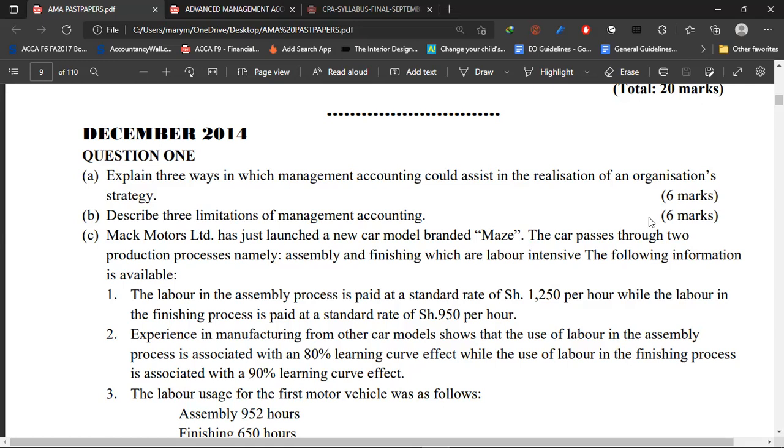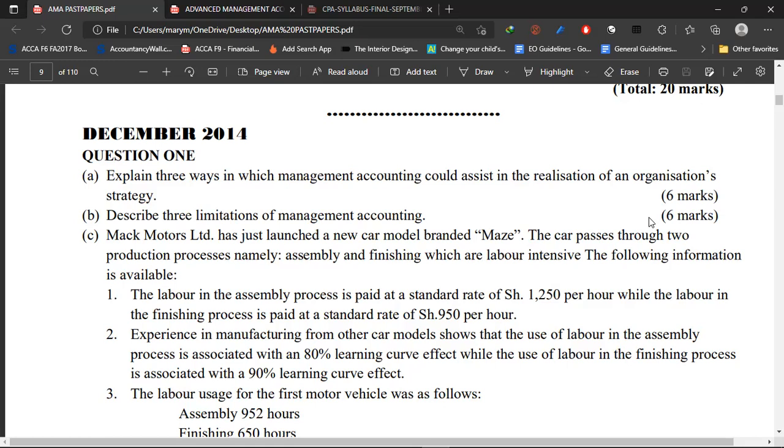Number 2, experience in manufacturing from other car models shows that the use of labor in the assembly process is associated with an 80% learning curve effect, while the use of labor in the finishing process is associated with a 90% learning curve effect. The labor usage for the first motor vehicle was as follows: assembly 952 hours, finishing 650 hours. The direct material cost per motor vehicle is estimated at 400,000, and other direct attributable overheads are 200,000 per motor vehicle.